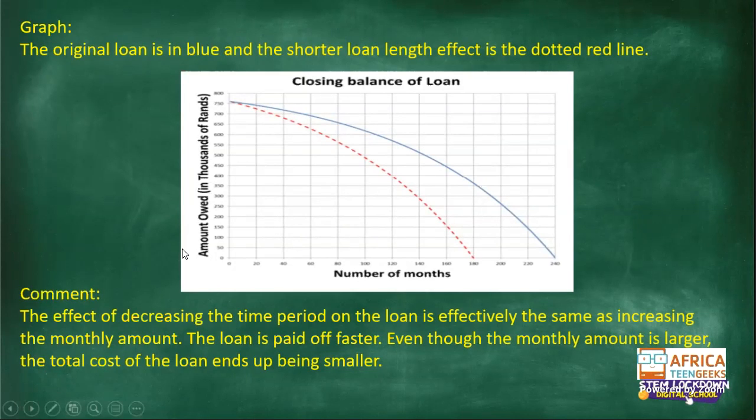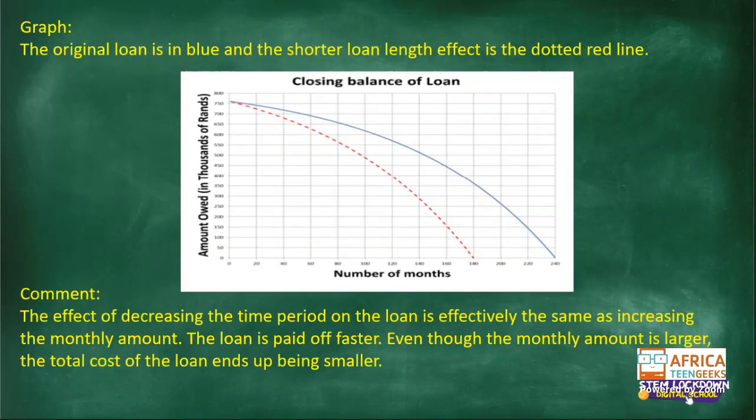The left-hand side consists of the amount that is owed in rands, and the X values there will be your number of months. So you'll have the vertical line there and the horizontal one, just to demonstrate how your closing balance will be.